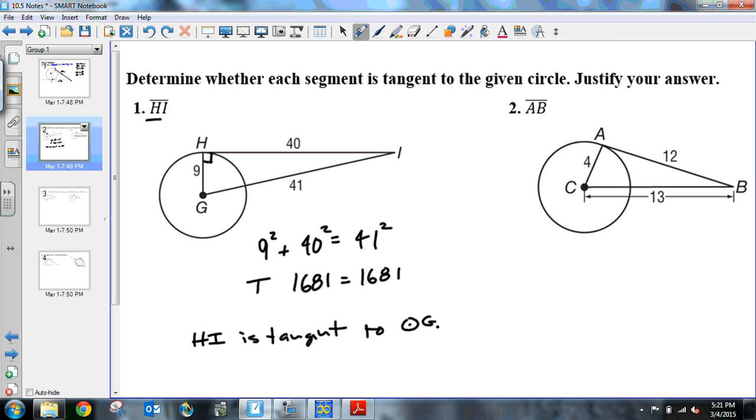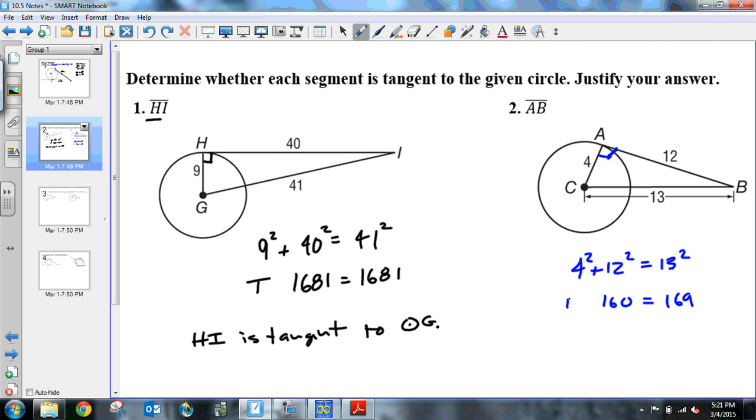So let's apply the same thing over here for number 2. If this is tangent, then this is a right angle. So let's see. If I take 4 squared plus 12 squared, that should give me 13 squared. If I take 4 squared and 12 squared, that's going to end up giving me 160. And if I take 13 squared, that's going to give me 169.